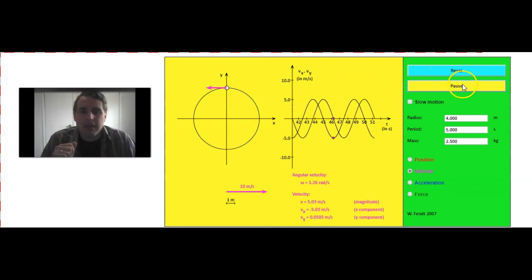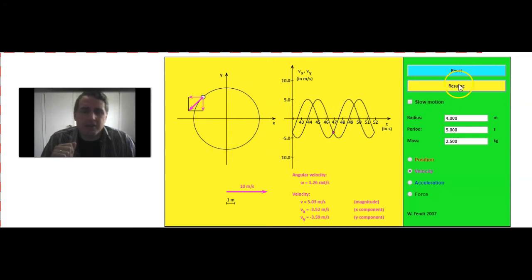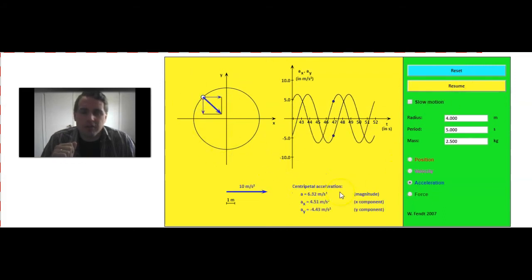Okay? Now, let's also have a look at the centripetal acceleration. Now, the centripetal acceleration is going to be v squared over r. Notice, interestingly, the centripetal acceleration is twice as much as the basis case. Why is that? Well, it turns out the velocity went up by a factor of 2.